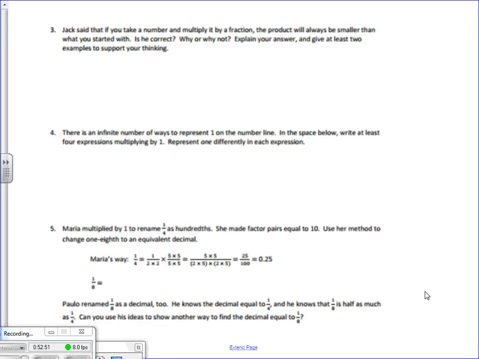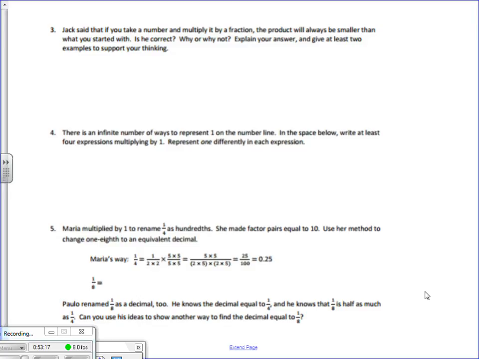Answer. The answer you get when you multiply. That the product will always be smaller than what you started with. Is he correct? No. Explain. It says why or why not. Explain and give at least 2 examples to support your thinking.